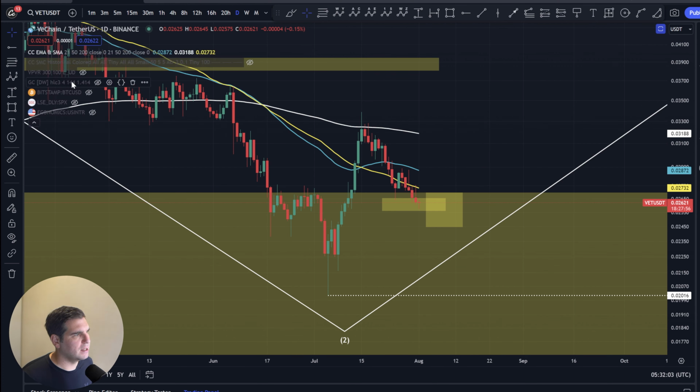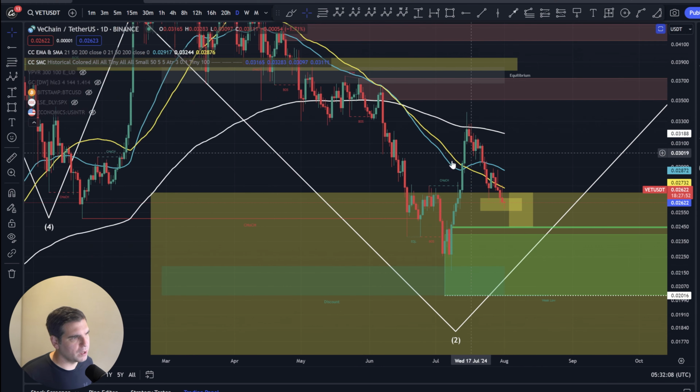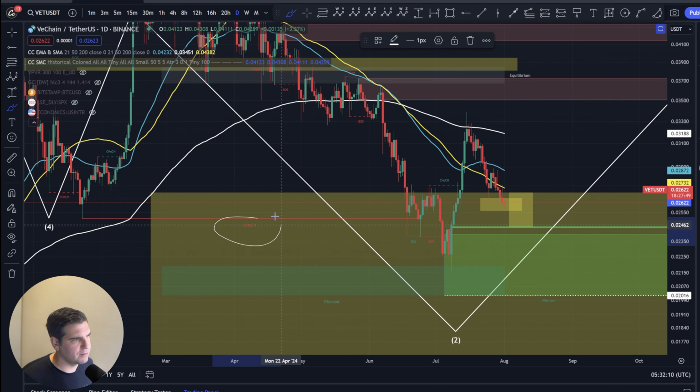Now, if I bring in our smart money concepts into the play, we are in a bearish structure on our daily time frame. That happened to get confirmed when we had a closed position on the 23rd of June. We haven't changed that yet. You can see that the 200-day EMA is our resistance, and we have started to move back down.